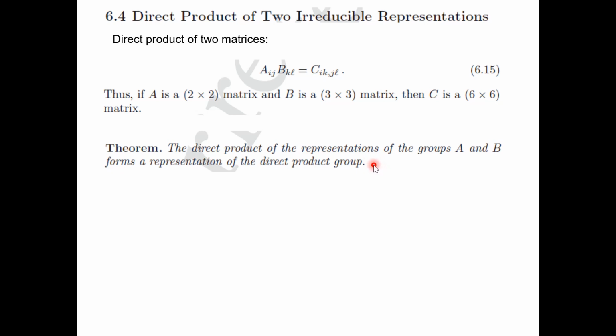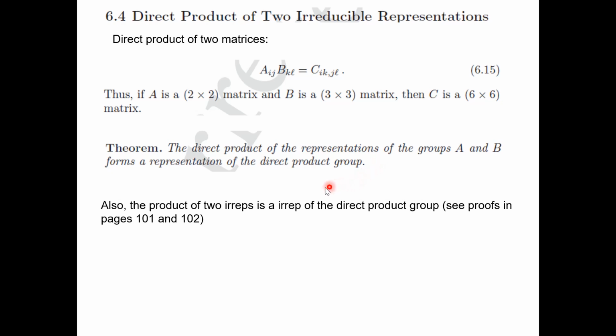I'm going to skip that. You can read that proof on pages 101 and 102 from the textbook, but it's very straightforward from linear algebra by constructing the matrix elements of the product. So if you are interested, you can look it up, but this is an important result.